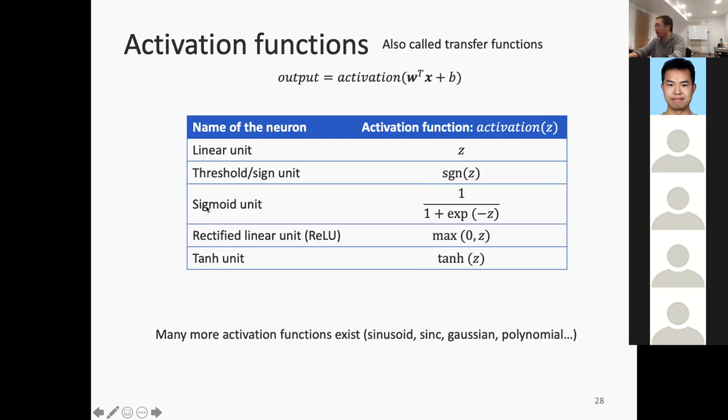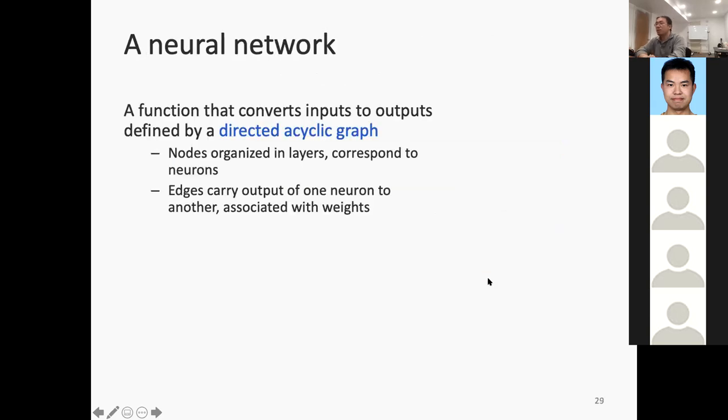Sigmoid was invented around the 1980s. At that time it was quite frequently used, but right now tanh and rectified linear unit seem to dominate the choice of activation functions in frontier research. Okay, but there are many more, like sinusoid, Gaussian, polynomial, whatever.